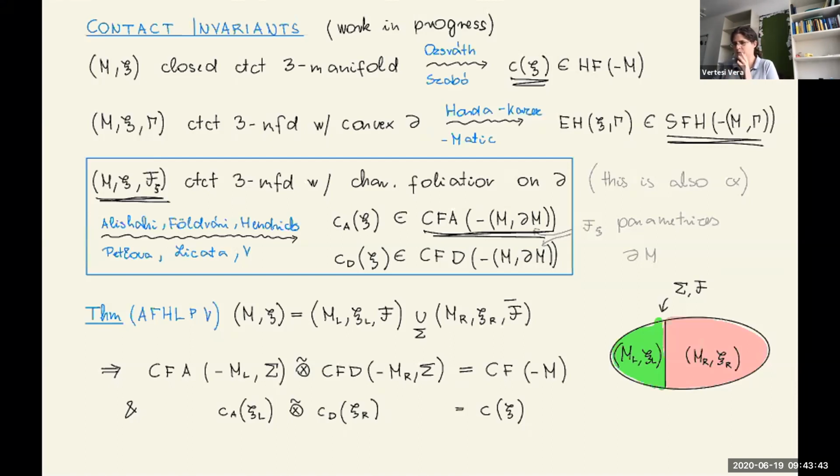So if you have two contact three manifolds with foliated boundaries, which have the same foliation on the boundary, then you can glue them together, and then the bordered Heegaard Floer homologies also glue together with the derived tensor product to give you the chain complex for Heegaard Floer homology, and the contact invariants derived tensor together to give you the chain element of the contact invariant in Heegaard Floer homology.